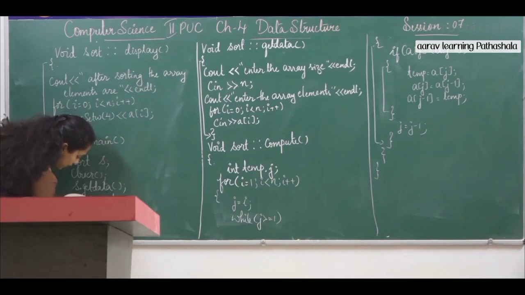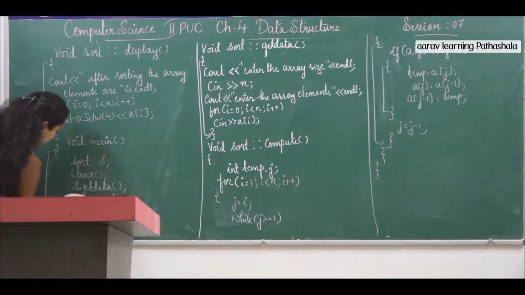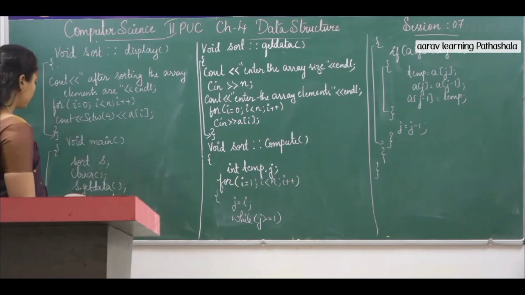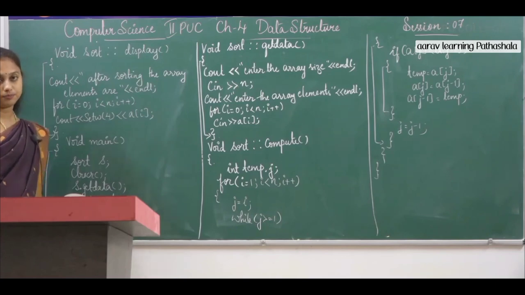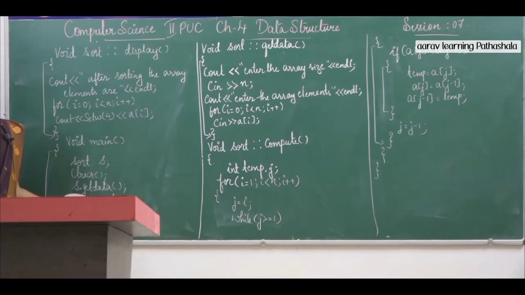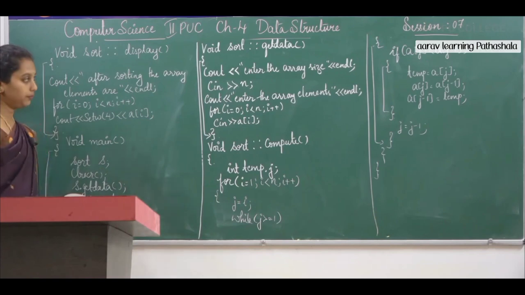Then getch, and close the main function. Why are we using the getch function? It is usually used to hold the output screen until the user presses any key on the keyboard.